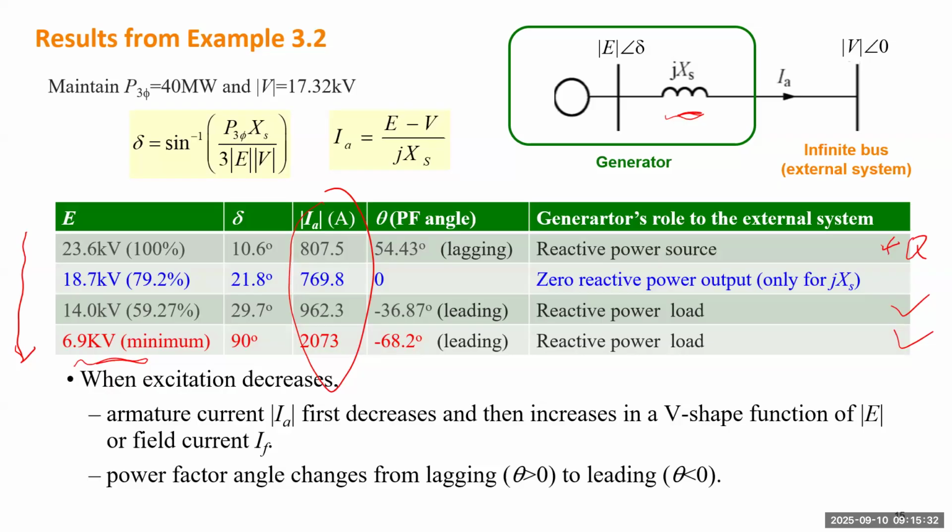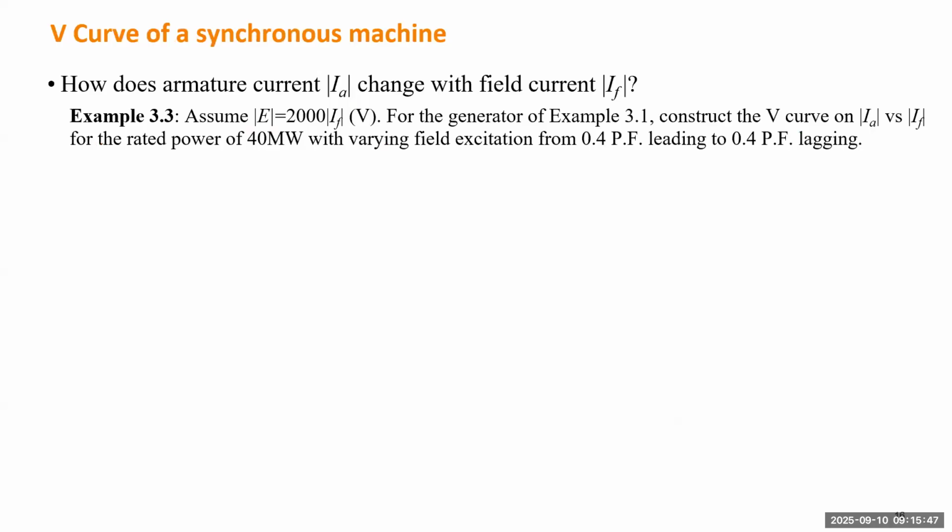So there could be a relationship for how the armature current changes versus the field current. This is called the V-shape function, or V curve. There's an example in the textbook, 3.3.